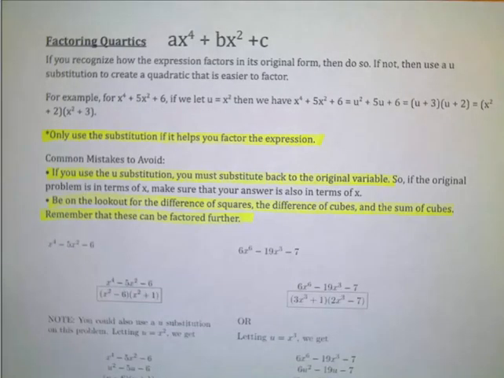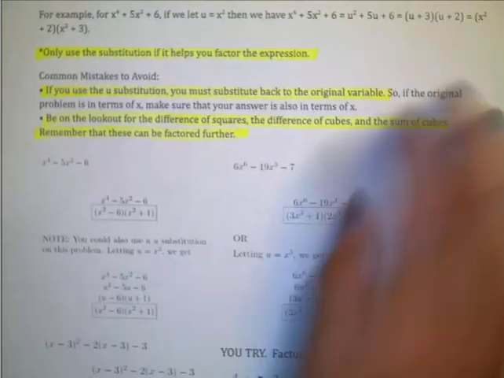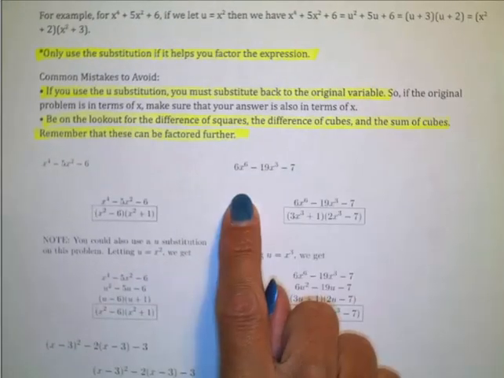All right, so this is the first place that we're going to talk about this idea of substitution. And they use the variable u because we don't usually use the letter u. So our first example down here, we used the u idea.